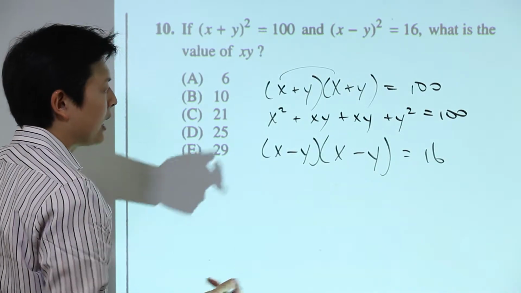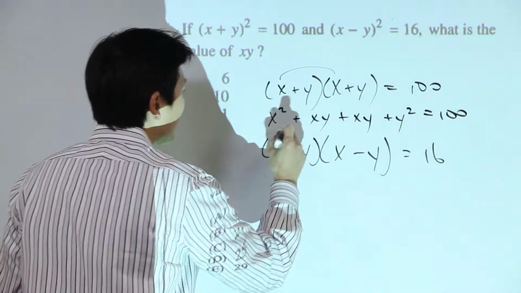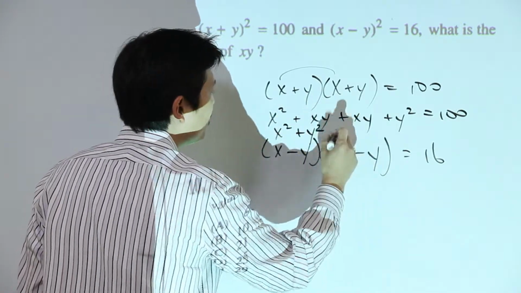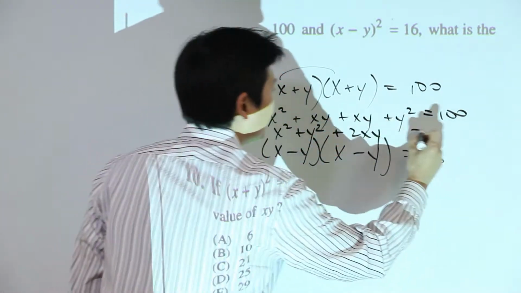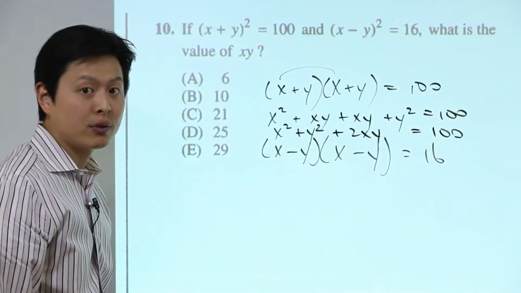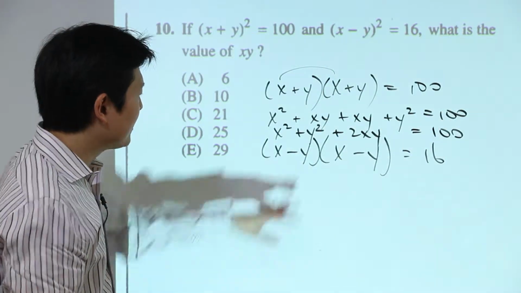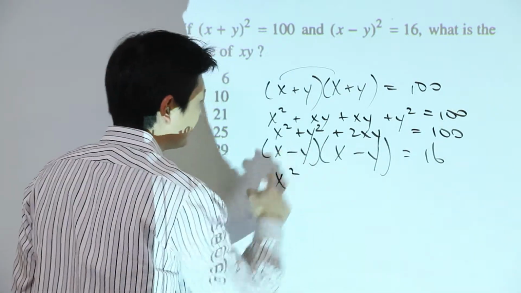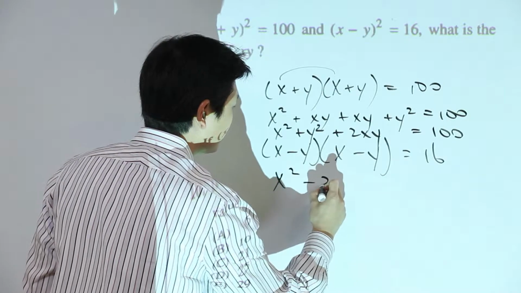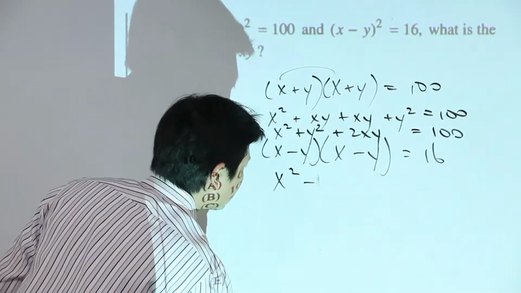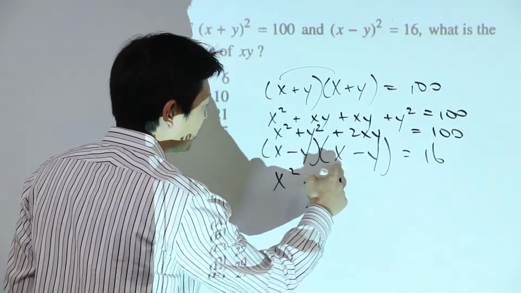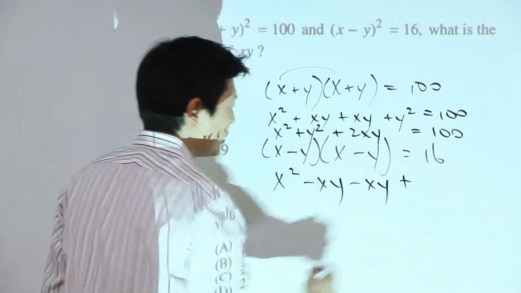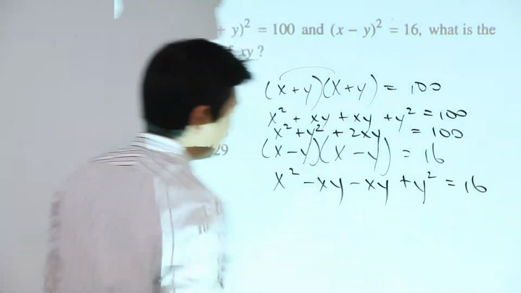Okay, so what I have now is x squared, plus y squared, plus 2 xy's equals 100 is what I have so far. Okay, let's see what we get here. X squared minus xy, minus another xy, minus times minus is positive y squared, and that equals 16.